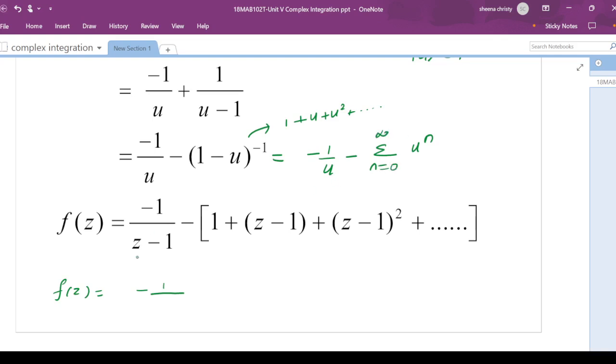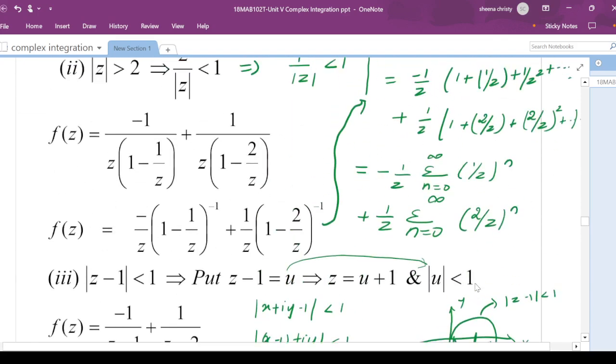Put u equal to z minus 1 now. What you will get is minus 1 by (z minus 1) minus sum of n equal to 0 to infinity (z minus 1) whole power n. So this is the final result. Up to the generalized form, you have to write down the result.